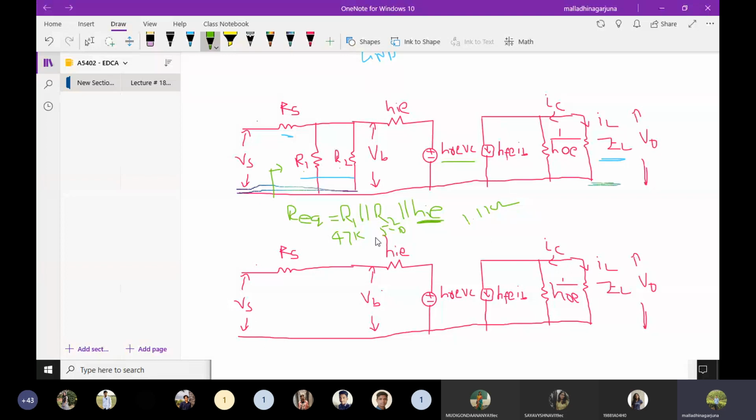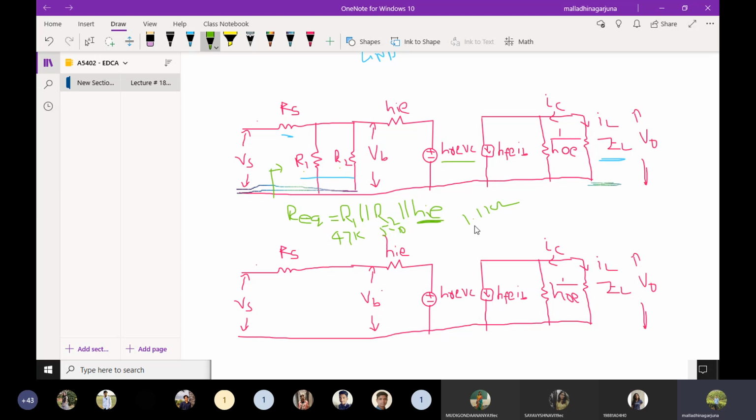Those are the ranges of R1 and R2, and the typical value of HIE is 1.1k. Now see, a 47 kilo ohm resistor in parallel with a 5 kilo ohm resistor in parallel with a 1.1 kilo ohm resistor. What will be the result value?